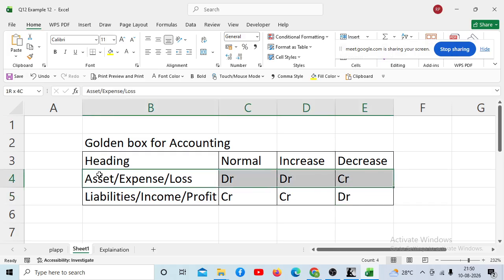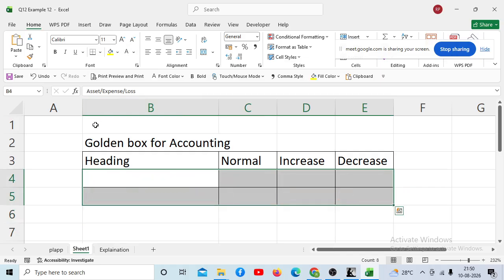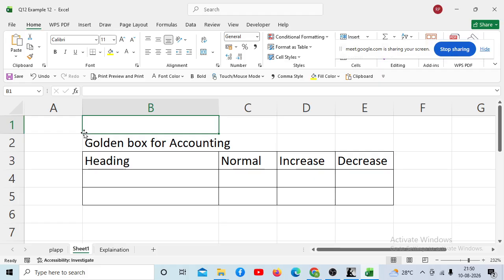I hope you remember the headings, the columns of that. What are the columns? Tell me. Asset, expense and loss.